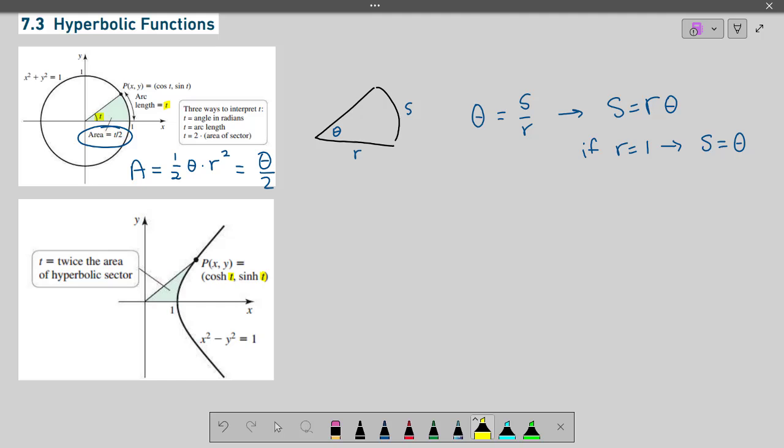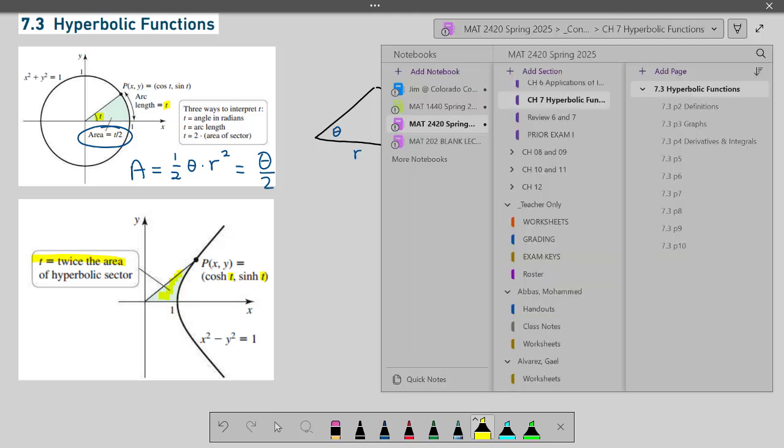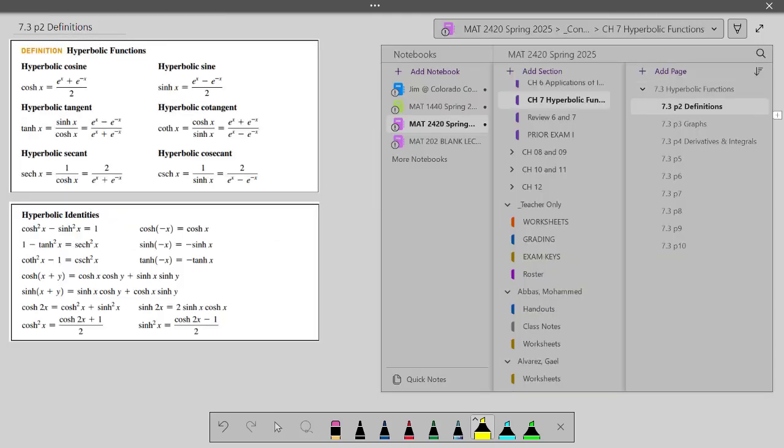Here, that t does not mean any sort of rotational thing, but we will refer to it as a hyperbolic angle, even though it doesn't have the same concept of angle. And this area right here will in fact be twice the area, or the t value will be twice the area of that hyperbolic sector. So that's the connection between the two in terms of their development. And that connection will lead us to these following definitions.